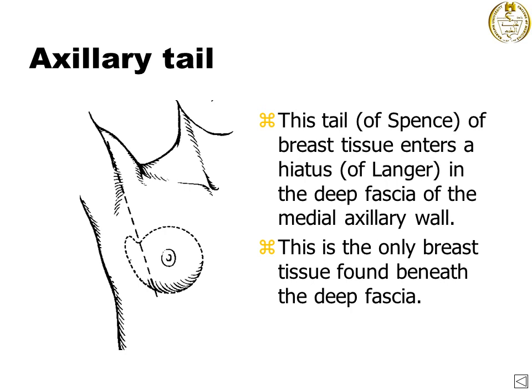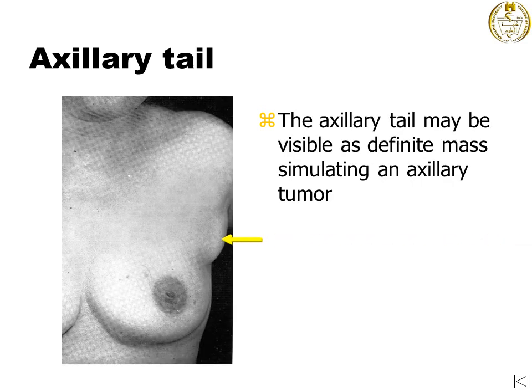This is the only part of breast tissue found under the deep fascia. The axillary tail can be visible as a definite mass simulating an axillary tumor, but this mass can change in size during the menses.